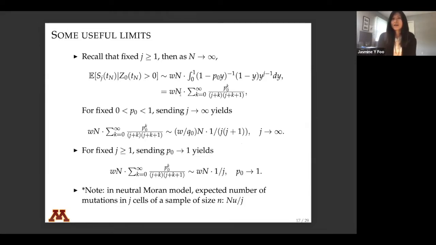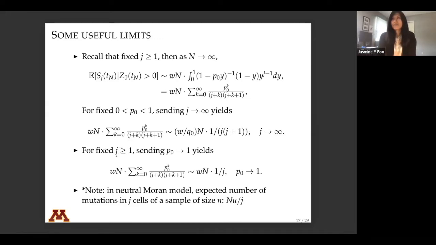And for a fixed p0 between 0 and 1, if we send j to infinity, so remember j is the number of cells the mutation appears in, so we're looking at the large frequency end of the spectrum, then in this limit we really do get the 1/j² law from the prior approximations on the skeleton.